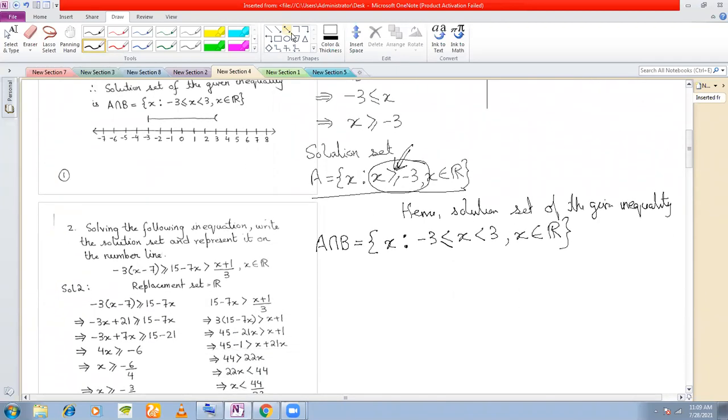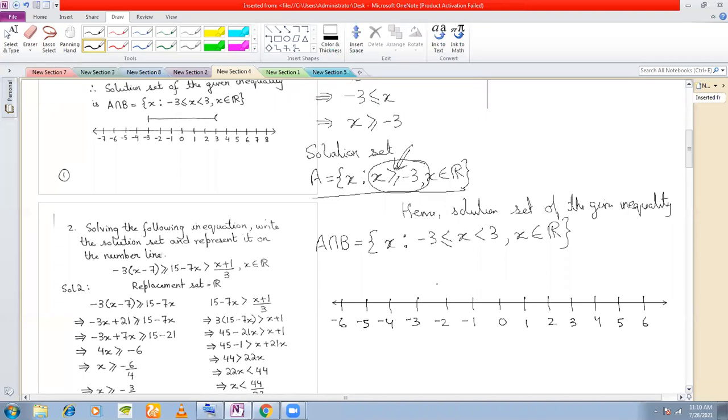How do you represent it on the number line? Draw the number line. Okay, and x will lie between -3 and 3.